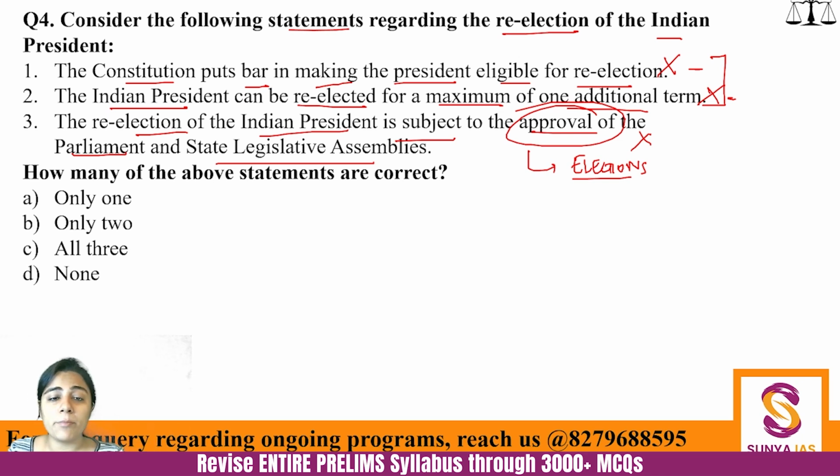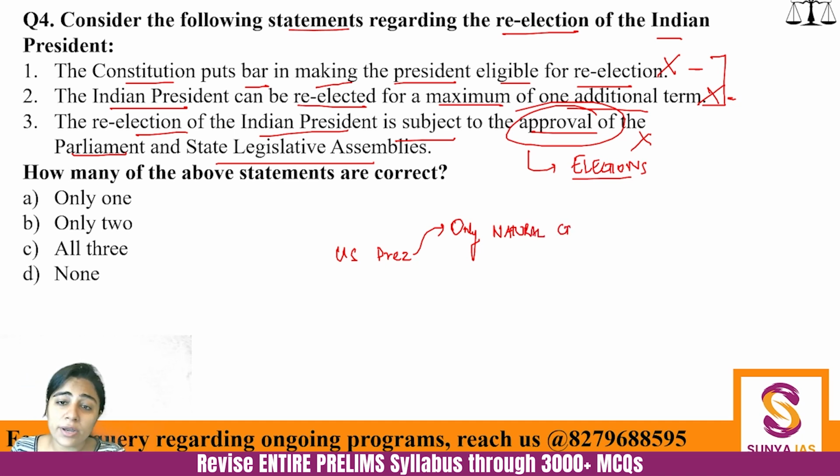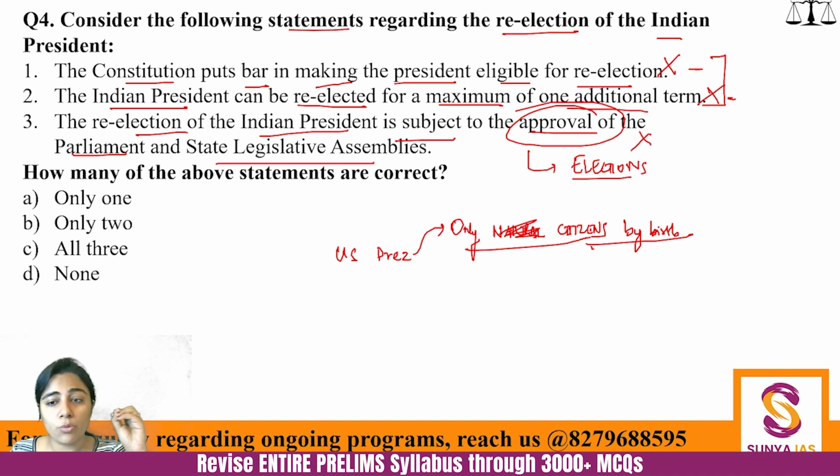And please remember, write this down here, a few things about the US president. One is that only citizens by birth are eligible to stand for the presidential election in the US.